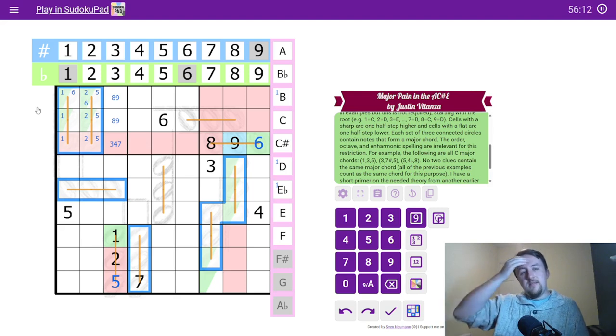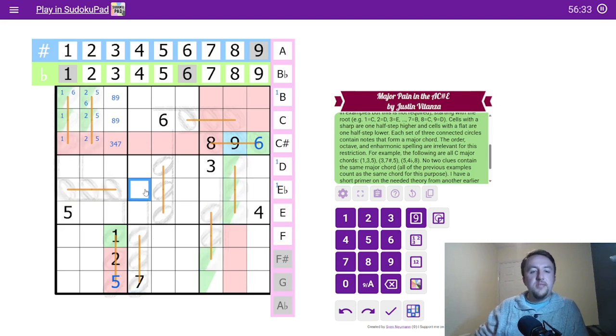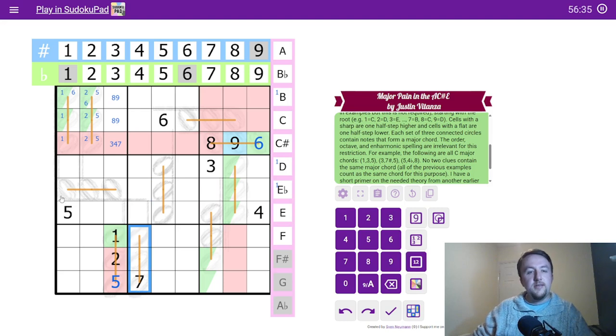So in these, I'm going to call it 5 positions because we can't have both of these triads here. We need 4 6s. Yeah, so there are some places that 6 just can't go. Like, it doesn't mean much, but this cell can't be a 6 because it prevents those.